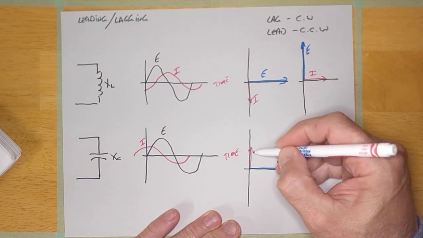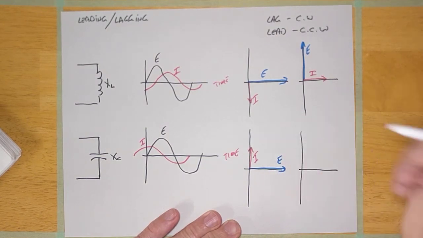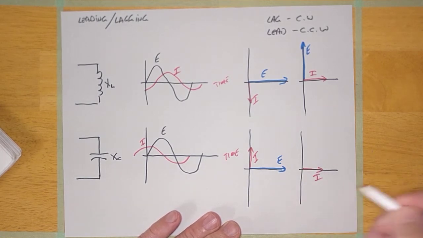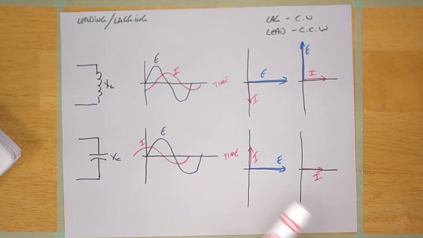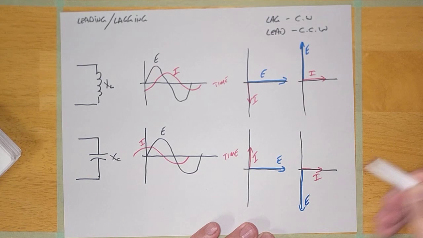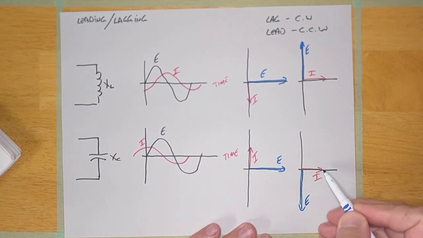So there would be the current. That current is shown leading. If I draw the current here, guys, and I want it to be leading the voltage, I would have to draw the voltage here. That way the current is counterclockwise or leading.